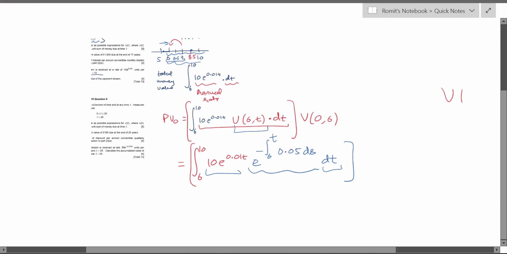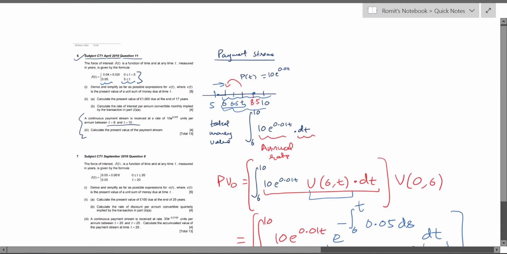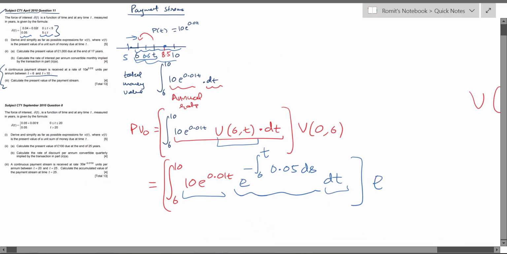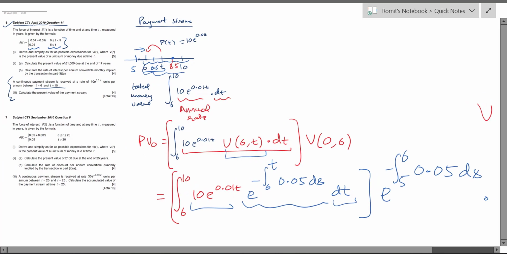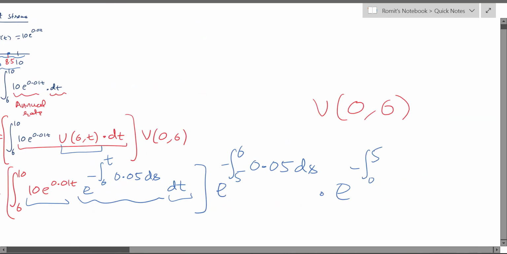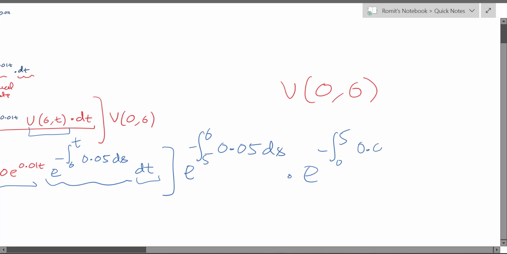And then obviously outside you have v 0 comma 6. So this is straightforward. How will you discount from 6 to 0? For 1 year, you need to discount from 5 to 6 using the force of interest of 0.05 ds, and then you will discount from 5 to 0, so it's negative integral from 0 to 5 of 0.04 plus 0.02 t dt.